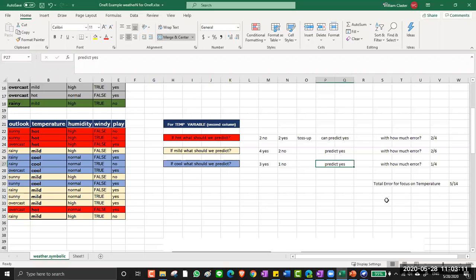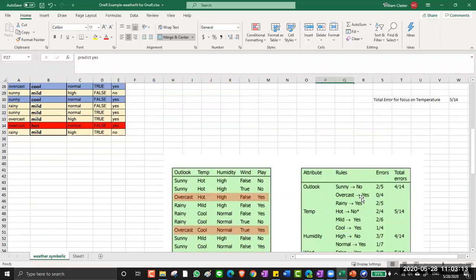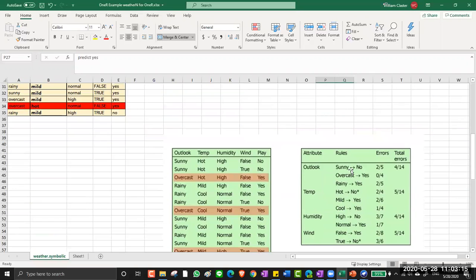Yes, Professor. Okay, so we end up here with this. For Outlook, we had 4 out of 14 errors. For temperature, we had 5 out of 14 errors. For humidity, we didn't do it, but we could, and we would get 4 out of 14 errors. And for wind, we would get 5 out of 14 errors.